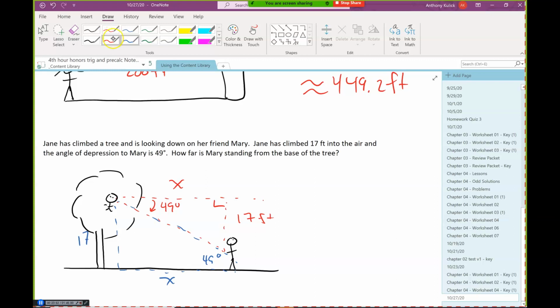So we can say that tangent of 49 is equal to opposite over adjacent. To solve, I cross multiply, so I get x times tan 49 equals 17. Then I divide both sides by tan 49 to get my x by itself.